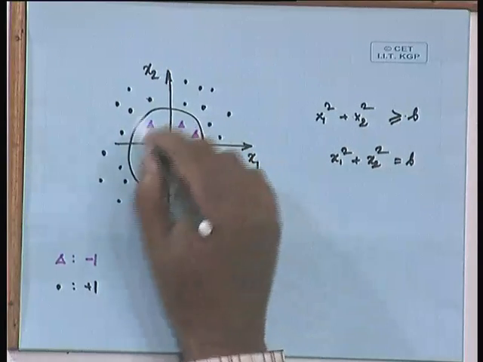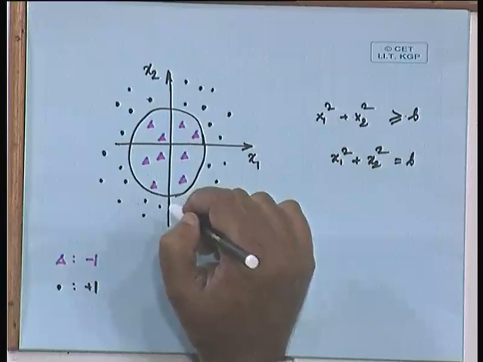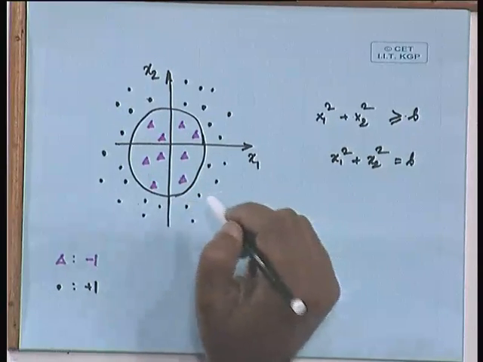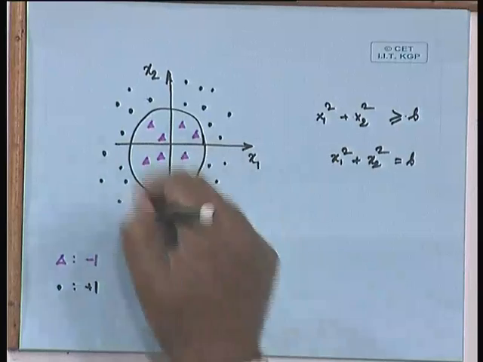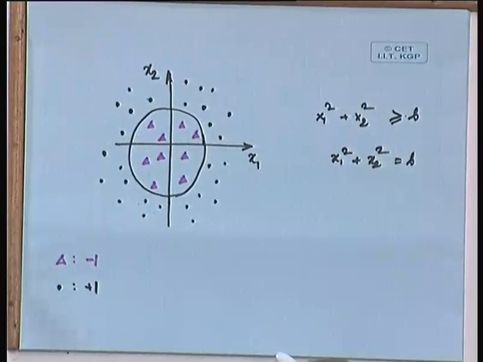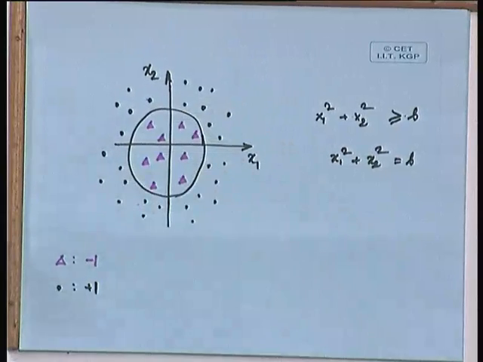All the patterns inside the circle will indicate an output equal to -1, and all the patterns outside will indicate +1. Okay. So, this is a decision boundary that we could show out of this.